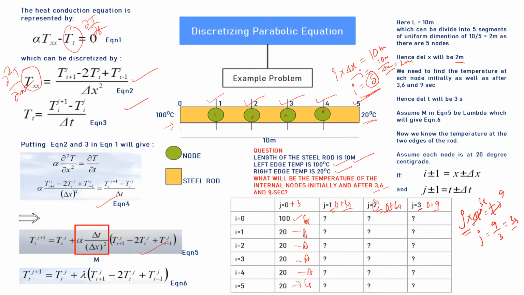So how to solve it? It is very easy to solve this type of problem. You see, this part is known, this part is known, and we have assumed that all these nodes are at a temperature T equal to 20 degrees centigrade, all this at the initial time, at T equal to 0 second.